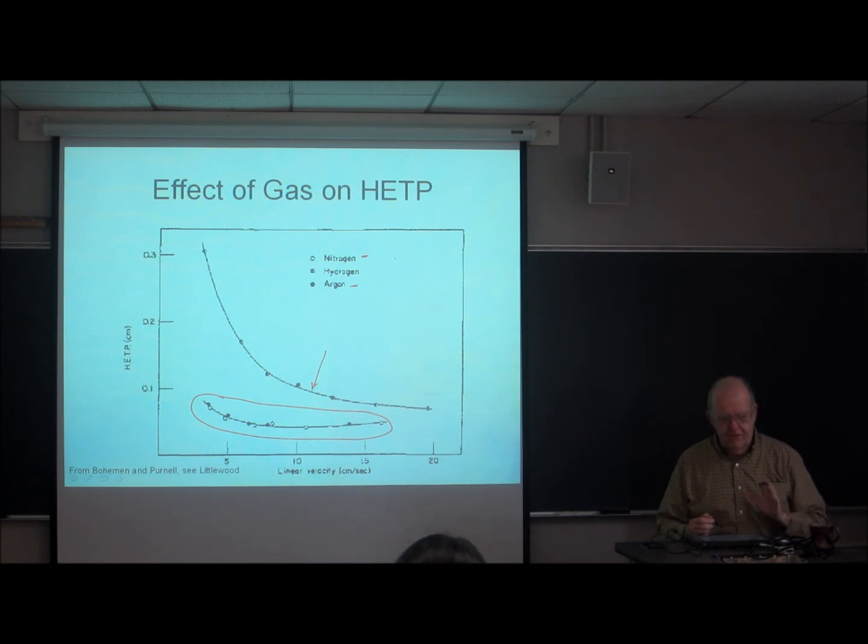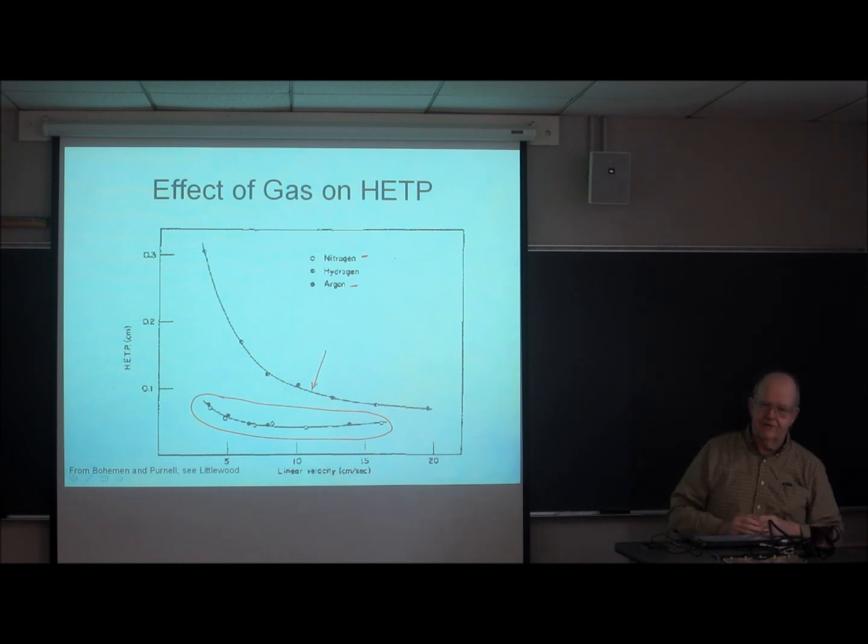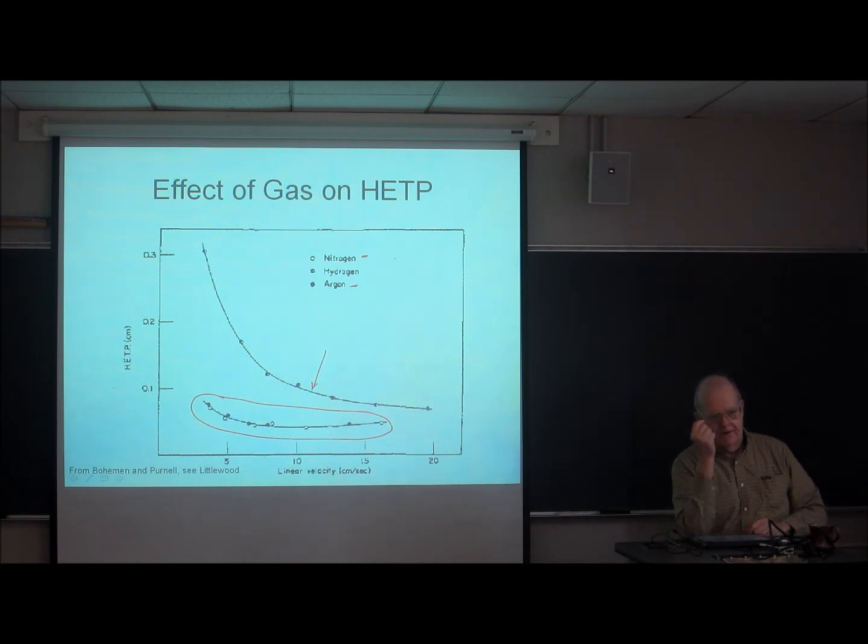There's virtually no effect of the carrier gas on retention times, but there is this very big effect of carrier gas on your HETP. And the reason for that is that the diffusion coefficient of your analyte, the stuff you're measuring, the stuff that's giving a peak, depends upon what the carrier gas is.